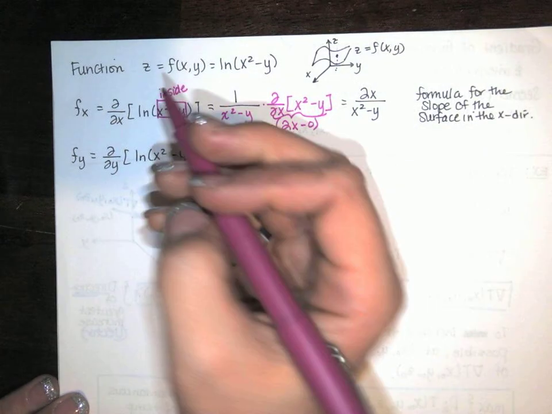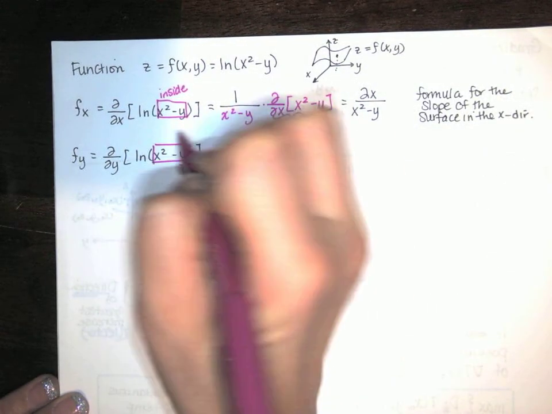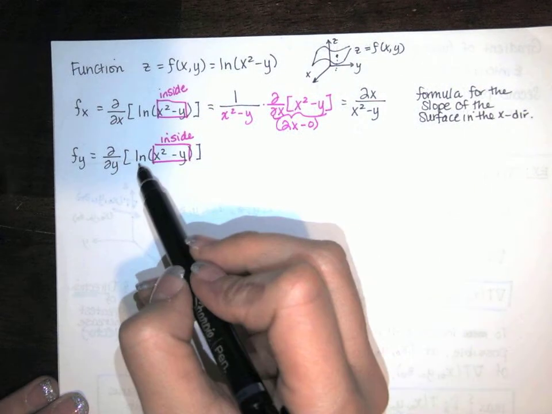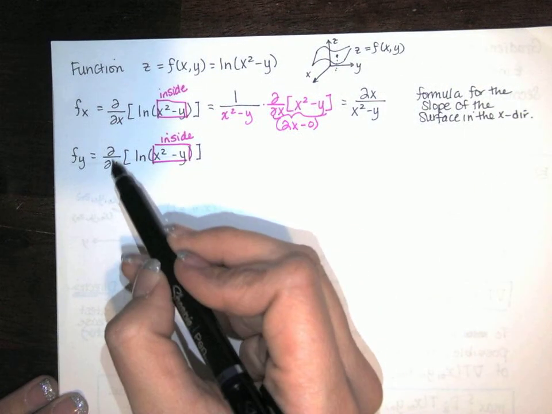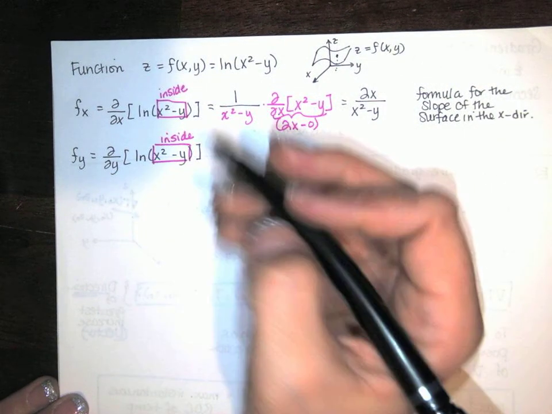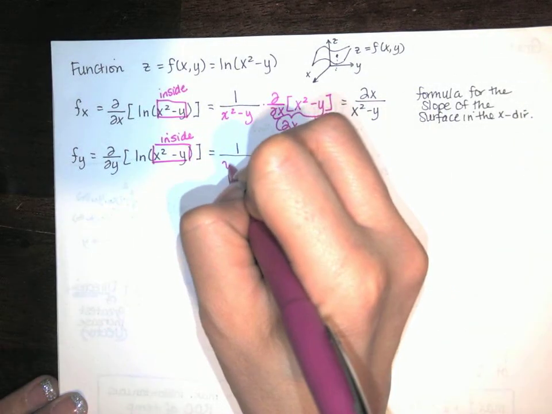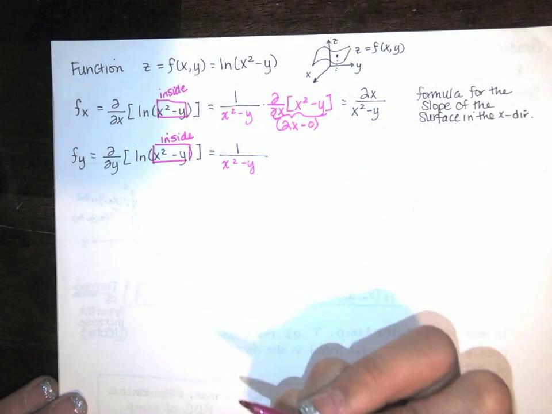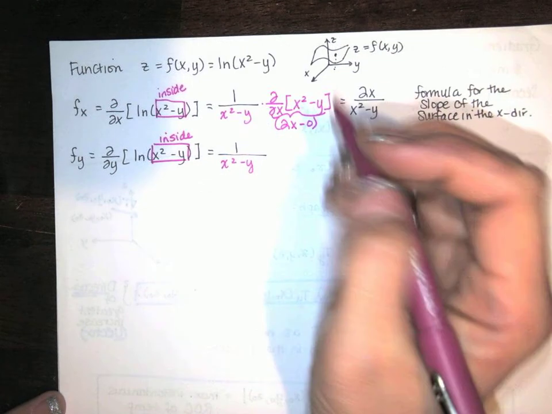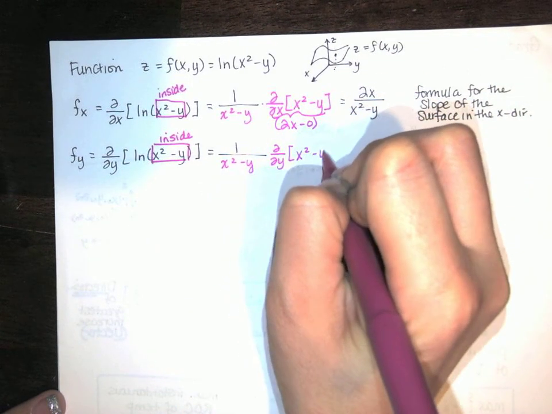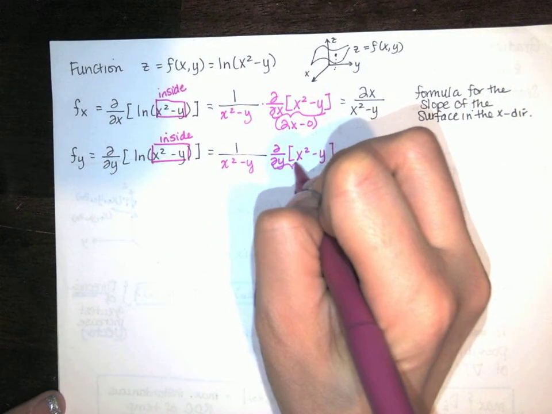Similarly, we took the derivative of this using the chain rule. The derivative of log of a function that has a y in it with respect to y, treating x as a constant, is 1 over the inside function times the derivative of the inside with respect to y, treating x as a constant, by the chain rule.